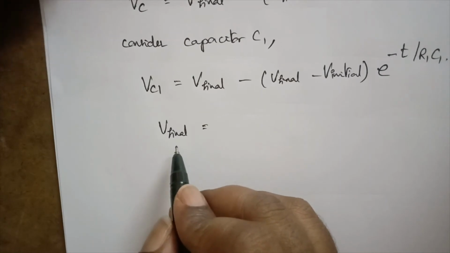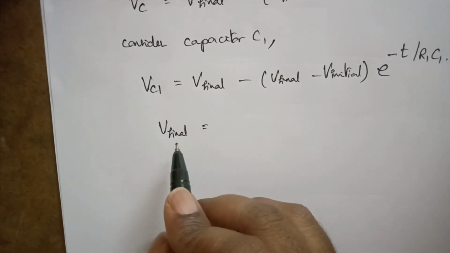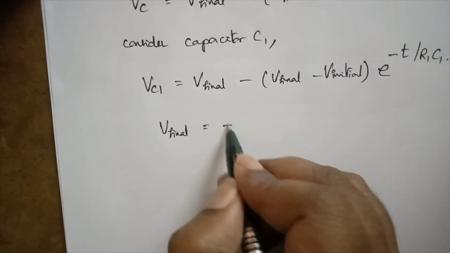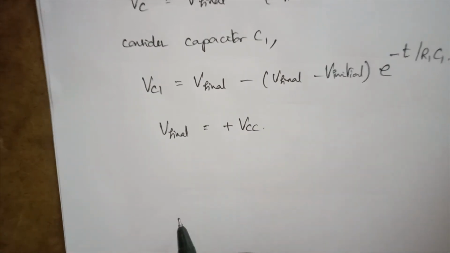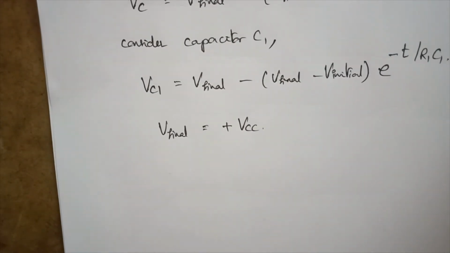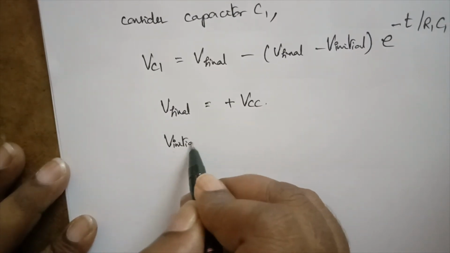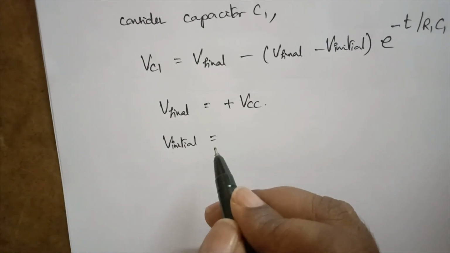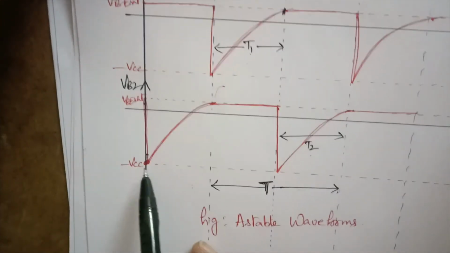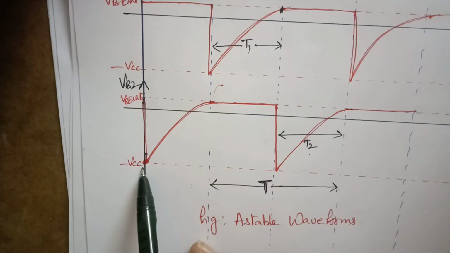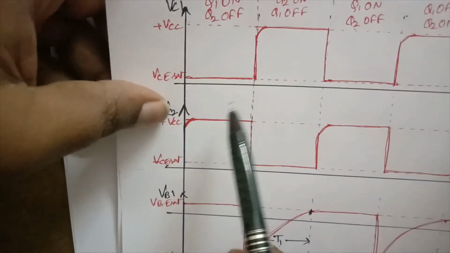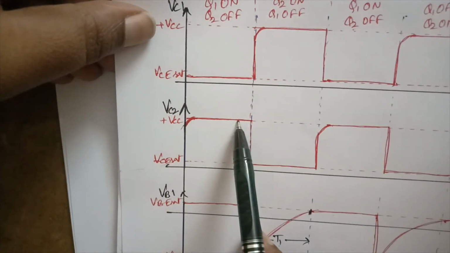The maximum value of the capacitor is VCC, so the capacitor can charge up to VCC. What is the initial value? The least value we get in the waveforms is minus VCC. So the capacitor starts charging from minus VCC and charges up to plus VCC.